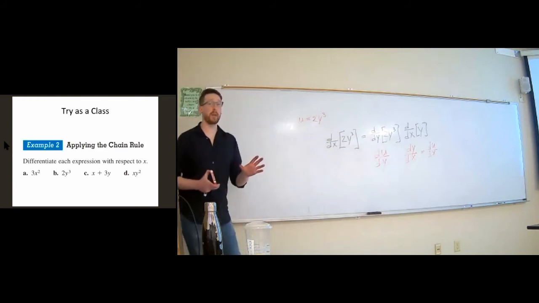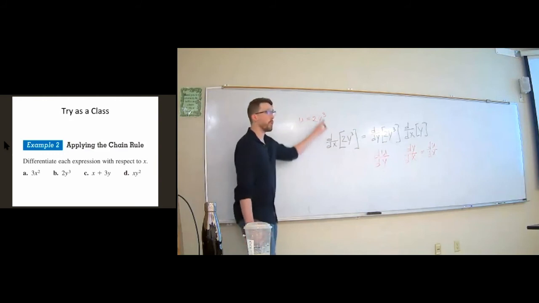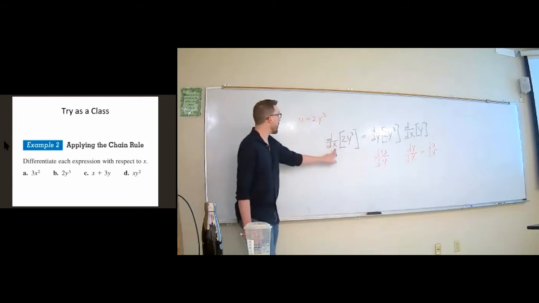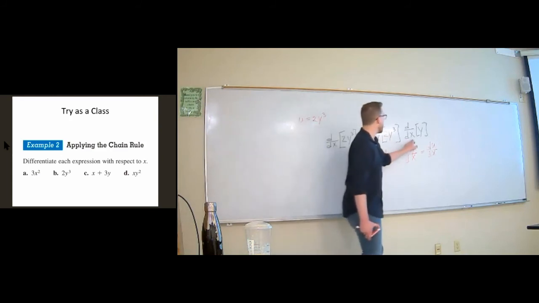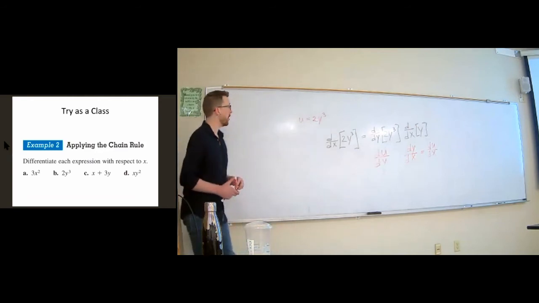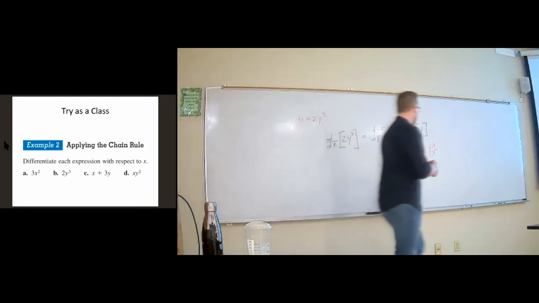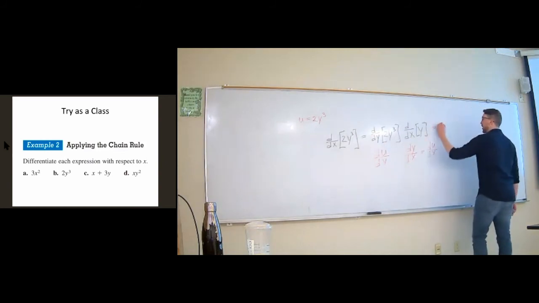Does this make sense, what I mean? We're going to differentiate this u with respect to x. And in order to do that, we have to break this up using the chain rule. First, we differentiate the outside with respect to y, and then we differentiate y with respect to x, and multiply the two together. Everybody cool with this? So this first term is 6y squared.